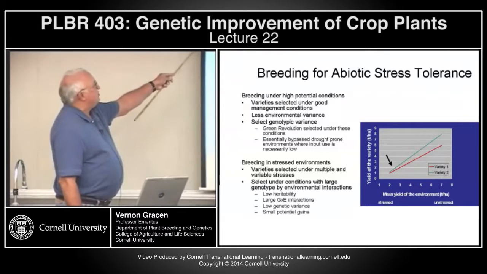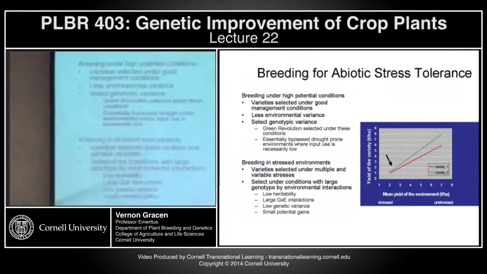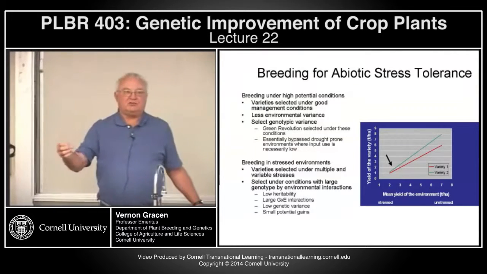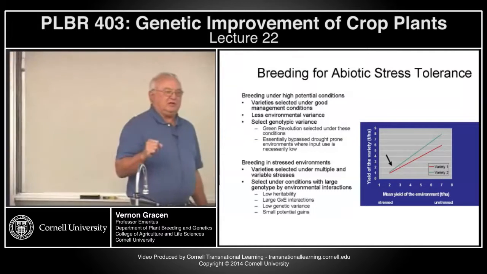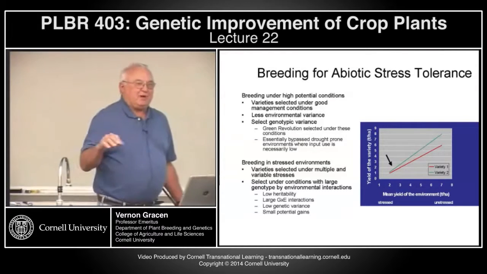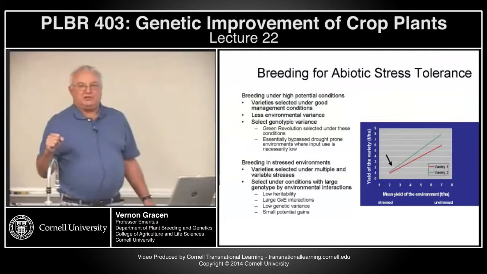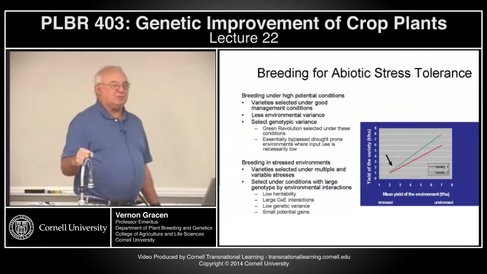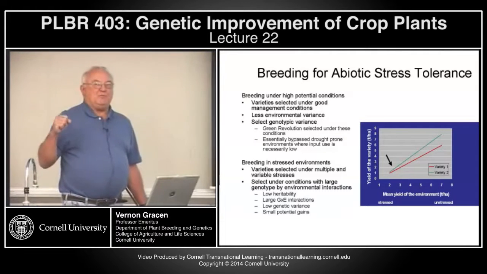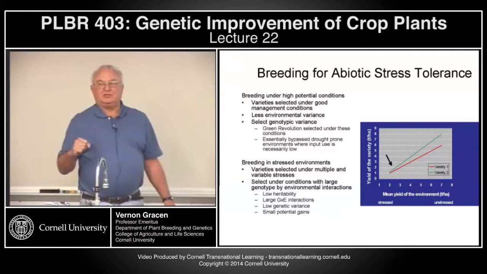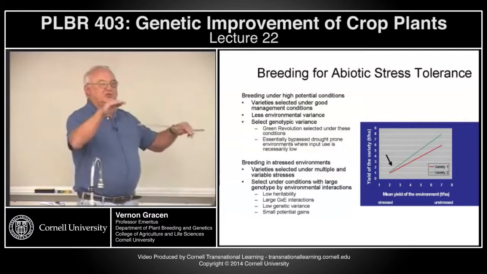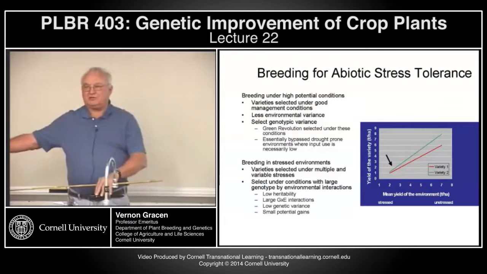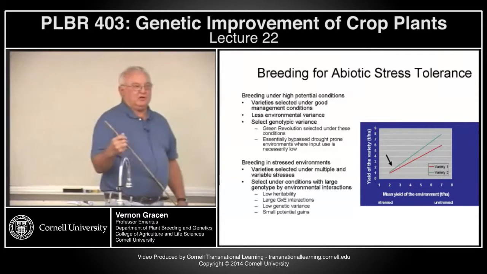You can either select your varieties under good management conditions where you might control the level of nitrogen and phosphorus and overall fertility, and in some cases even apply water and control the water needs, and you try to control as many of those environmental variables as possible so that when you make a selection, it's more likely that the differences you see are due to genetic effects rather than environmental effects or genetic by environmental interactions.